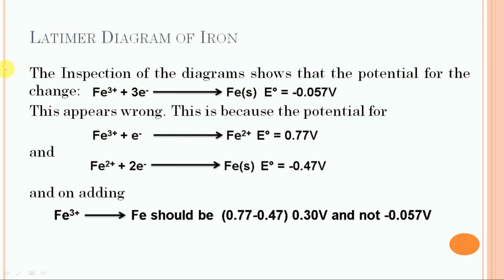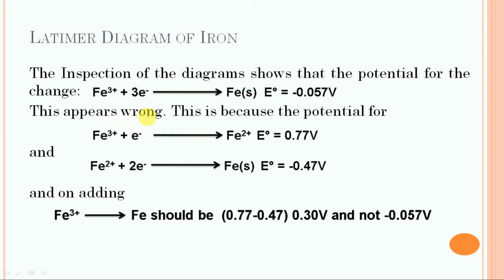Inspection of the Latimer diagram shows that the electrode potential for the change of iron 3 plus to iron is equal to minus 0.057 volt, and this appears to be wrong.